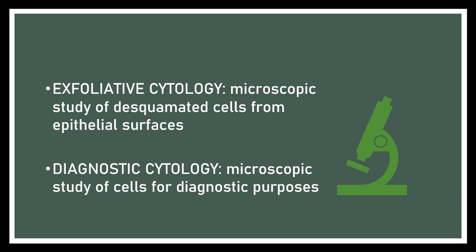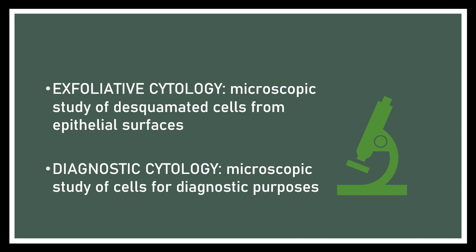Of course, you still have your clinical correlations in here, okay? While exfoliative cytology deals with the microscopic study of cells that spontaneously shed off, that is, the microscopic study of desquamated cells from epithelial surfaces, fine needle aspiration is for cells that do not spontaneously shed off.